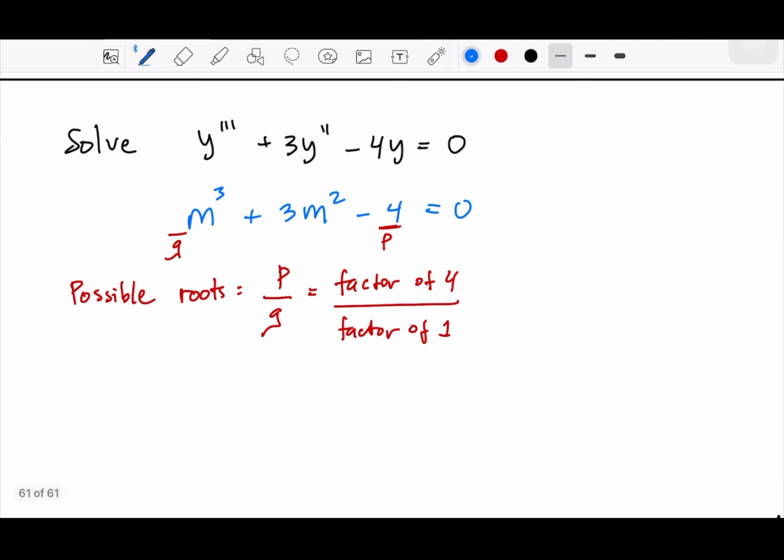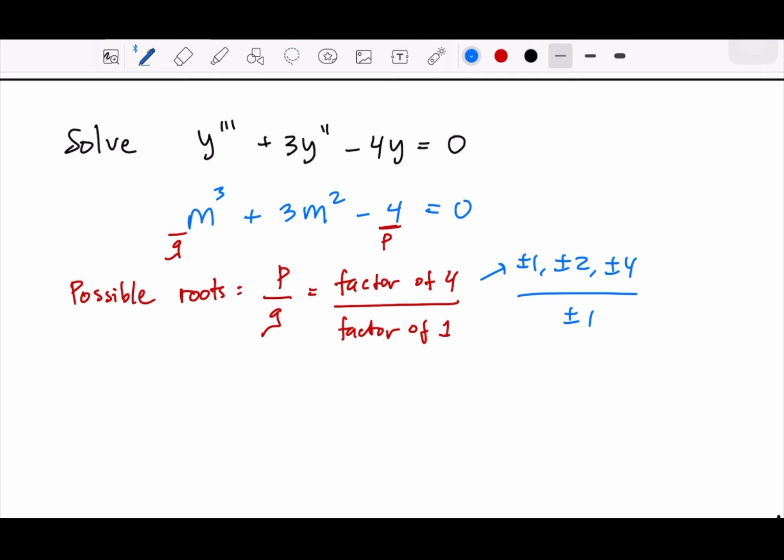Factors of 4 means plus minus 1, plus minus 2, and plus minus 4. And factors of 1 is plus minus 1. So we can check plus 1, negative 1, plus 2, negative 2, plus 4, negative 4.